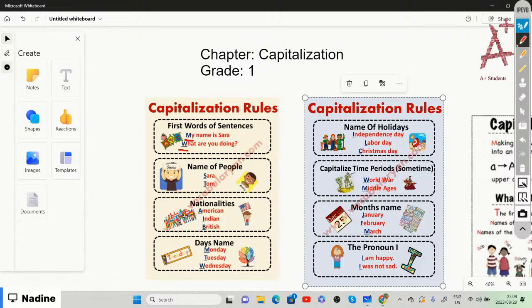Also, like we were saying, names of people, names of pets, we need to capitalize.